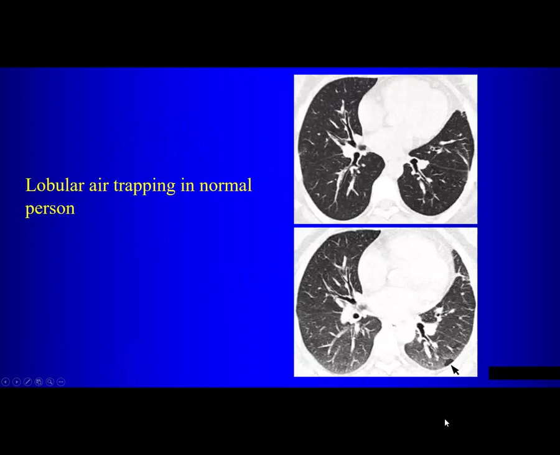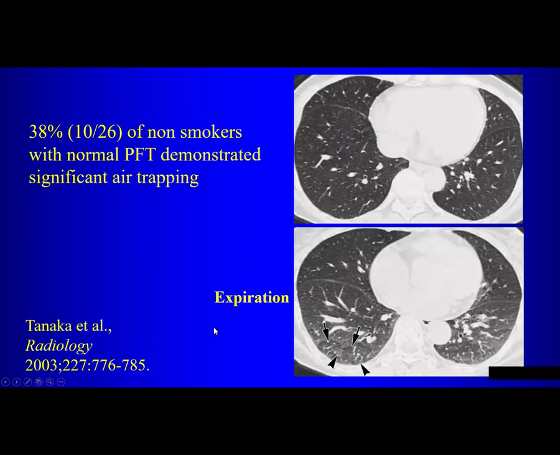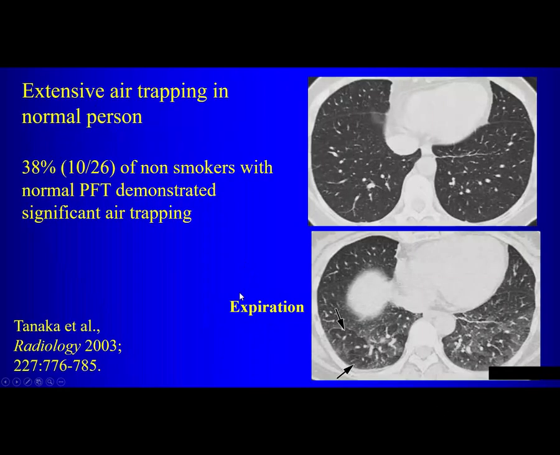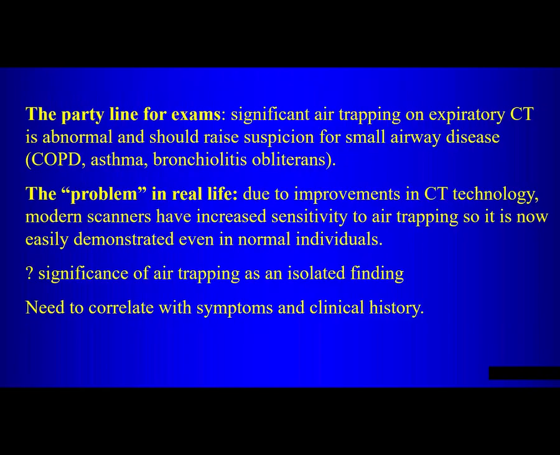And then even normal patients can have regions of air trapping on CT. In this study, 38% of non-smokers with normal pulmonary function tests had air trapping when they did expiratory views on CT. So they can have extensive air trapping. Even normal patients sometimes who are asymptomatic can have extensive air trapping.